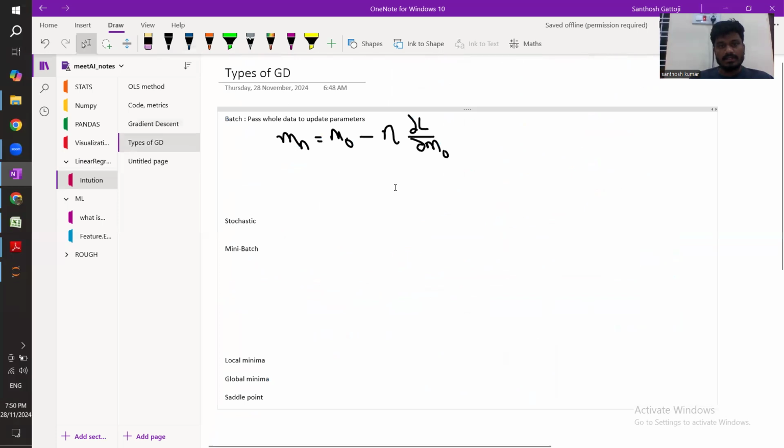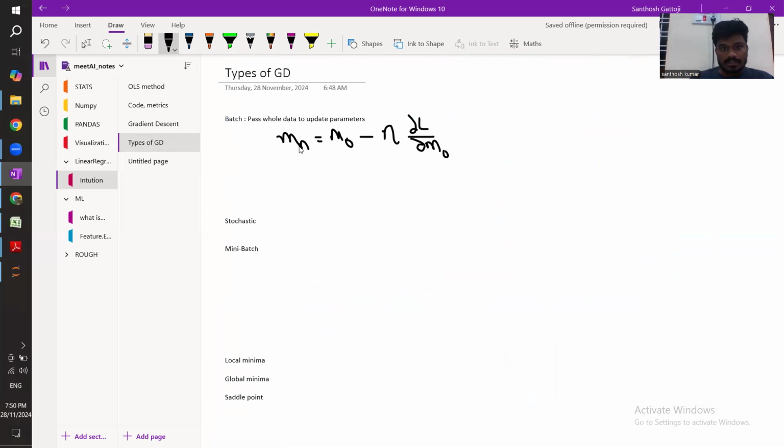But now the point here is, what is batch? You will pass the whole data to update parameters. That means to calculate this mn, everything is the same, so mainly focus on this part, this dou L by dou m, where we're calculating the loss. Now loss is what? Actual value minus predicted value, or predicted value minus actual value. That is loss simply. So you can calculate it for any points.